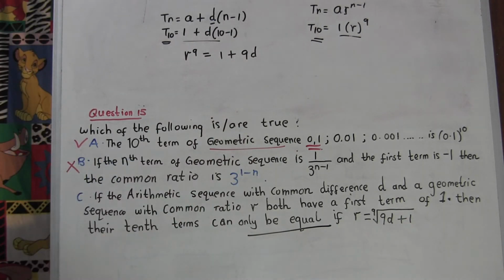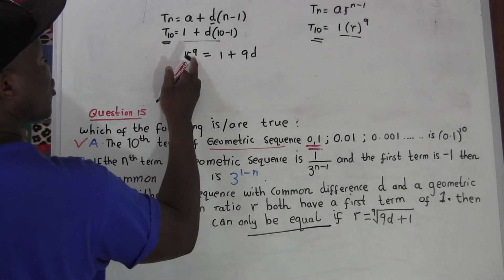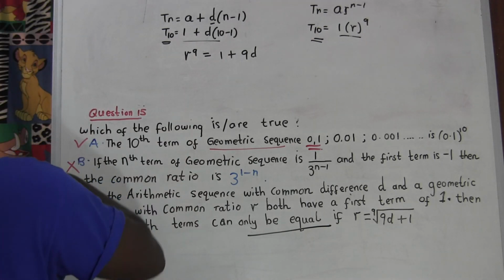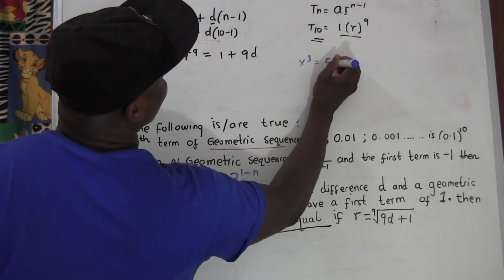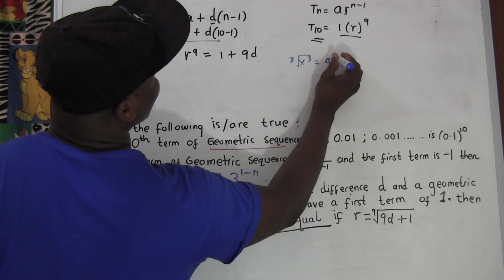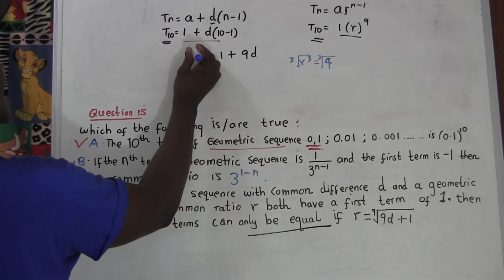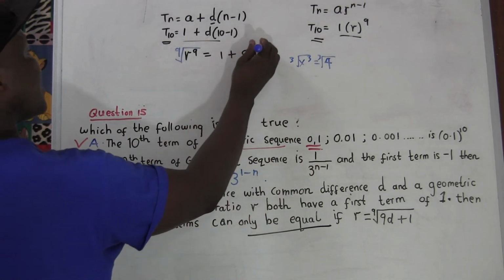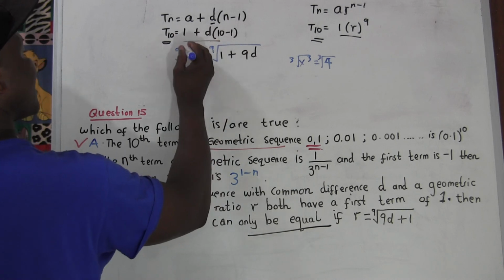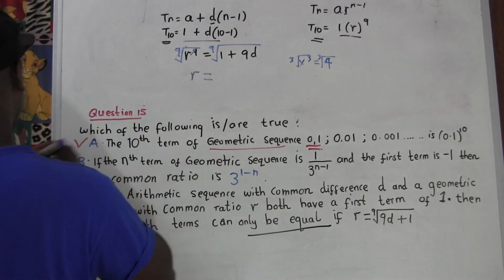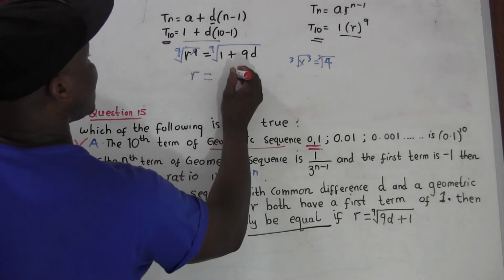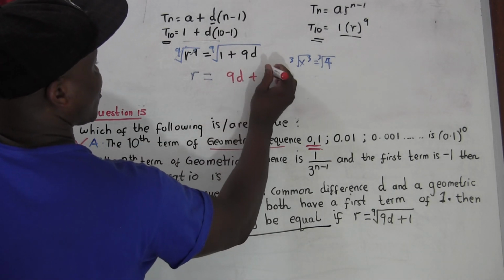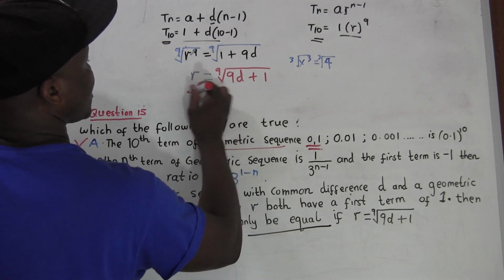Let me make r the subject. To get r out of the power 9, I have to take the 9th root. If somebody gives me x to the power 3 equal to 4, how am I going to get x? I take the cube root. So here I'm going to take the 9th root. So my r is equal to the 9th root of 1 plus 9d.